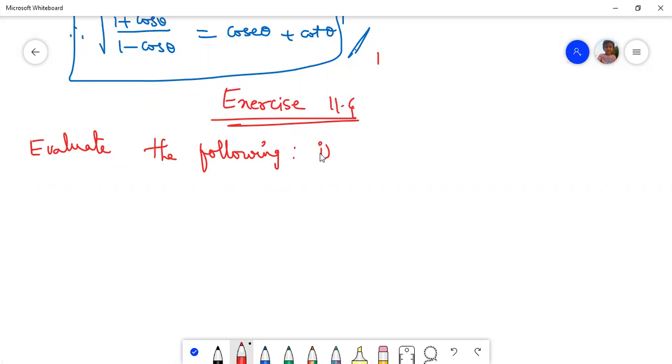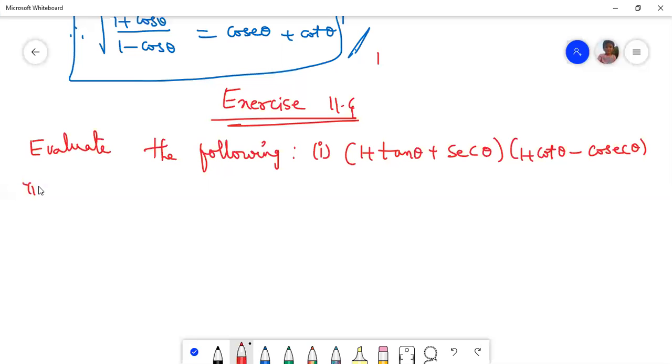The first one is (1 plus tan theta plus secant theta) into (1 plus cot theta minus cosec theta).